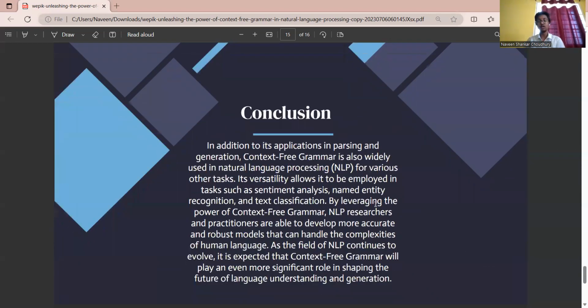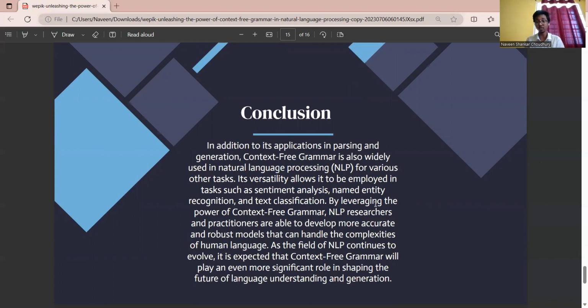Finally, I would like to conclude this presentation. We discussed the CFG and its application in NLP, in addition to its applications in parsing and generation. CFG is also widely used in natural language processing for various other tasks. Its versatility allows it to be employed in tasks such as sentiment analysis, named entity recognition, and text classification.